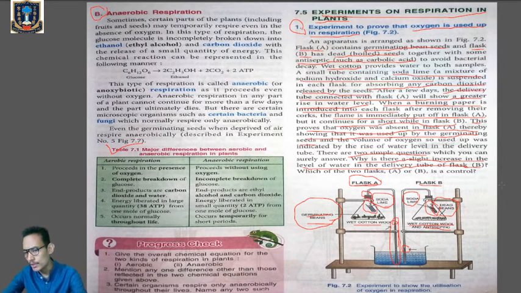The answer will be, number one, due to capillary pressure. Okay, one answer will be capillary pressure. Due to capillary pressure, there will be a slight increase in the level of water in the delivery tube connected to flask B. Now, a simple thing you can just assume: suppose you have taken a bottle of Coke or a Pepsi.